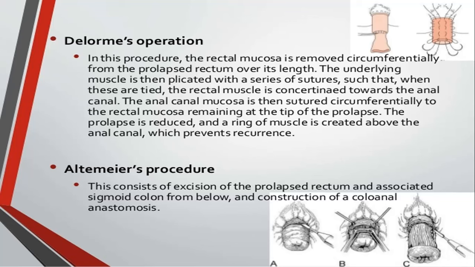It is very helpful in a complete prolapse, in which you have to excise the whole prolapsed rectum and associated sigmoid colon from below and construct a colo-anal anastomosis. When the whole rectum is prolapsed together with an associated part of the sigmoid, we excise it and then construct the colo-anal anastomosis with the remaining sigmoid.